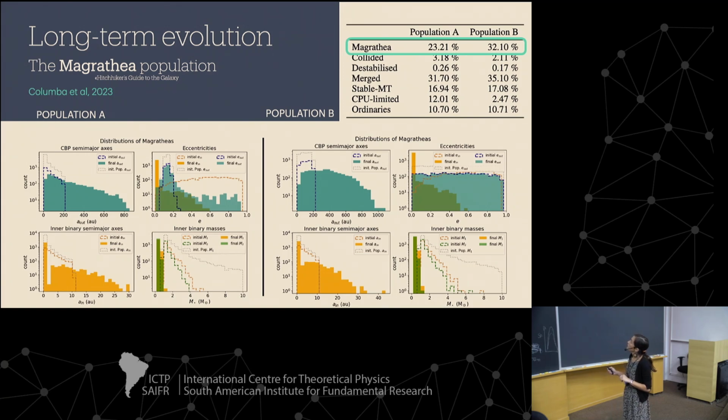Then we had a percentage of destabilized exoplanets, as in the planetary system got destabilized and the planets were ejected. Well, the planet, because we only simulated one planet. It's not a multiplanetary system. That's another thing. Merged is where the binary merged, and then we had systems that were not evolving because it was taking ages, and I don't remember what stable empty was.